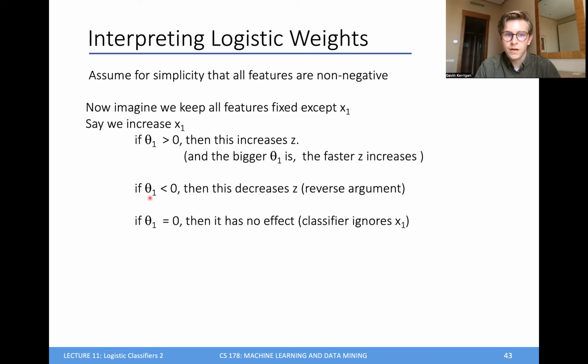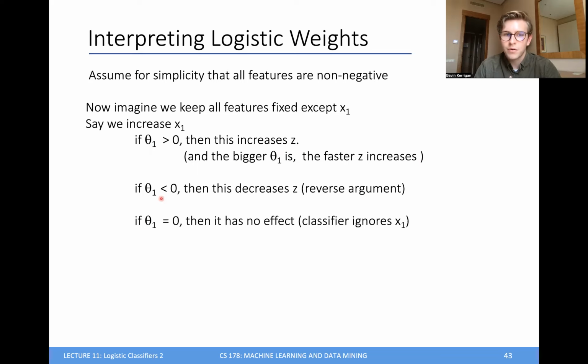In contrast, if theta 1 is negative and x1 increases, then this is going to decrease the value of z. So again, this is just basically inspecting the form of z. It's this linear combination of weights and features. So positive weights increase z, negative weights decrease z.